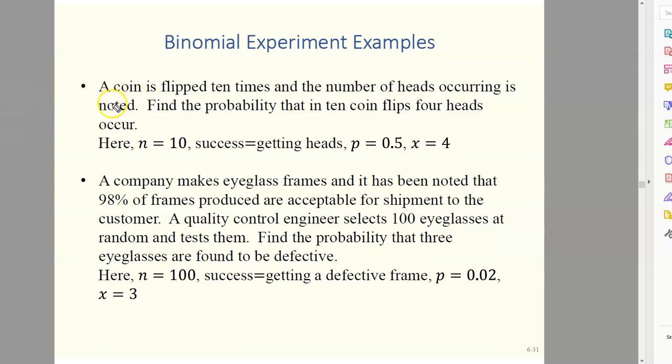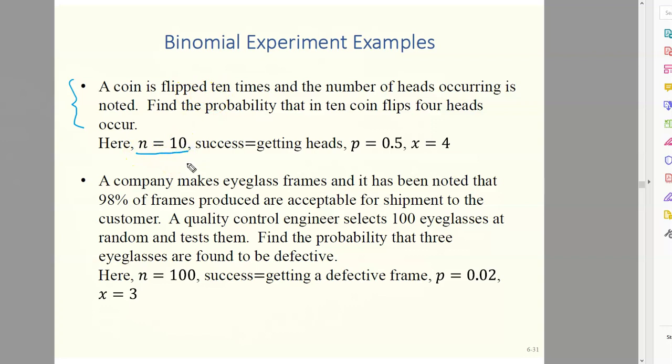So for the first example here, we have a coin that's flipped 10 times, and we note the number of heads occurring in the n trials. Find the probability that in 10 coin flips, 4 heads occur. Now this is an example of a binomial experiment. In this case, the number of trials is 10, so that's what n represents.